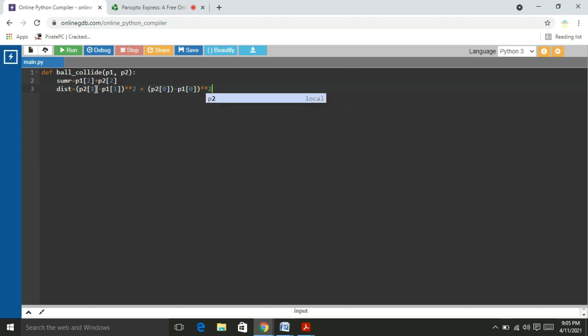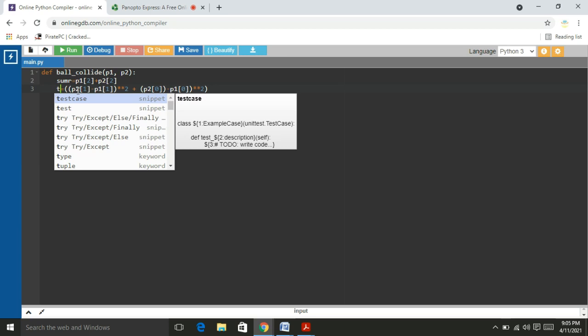So there is a need, and I will close this bracket also. Here I keep one more bracket also. So this is, I am going to consider some temporary distance, not the total distance, because we are going to calculate the square root for this one.